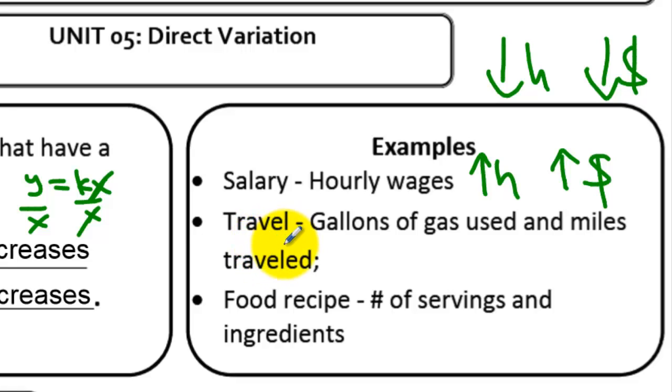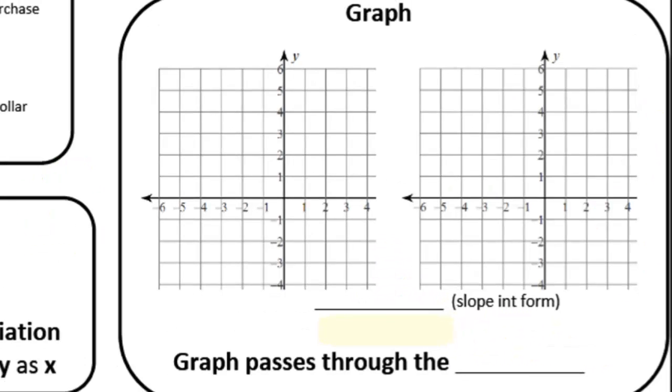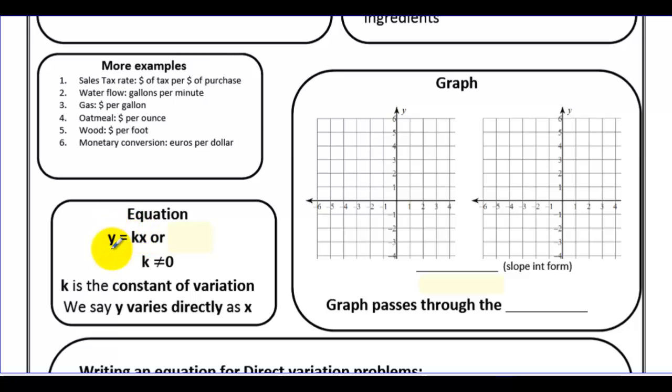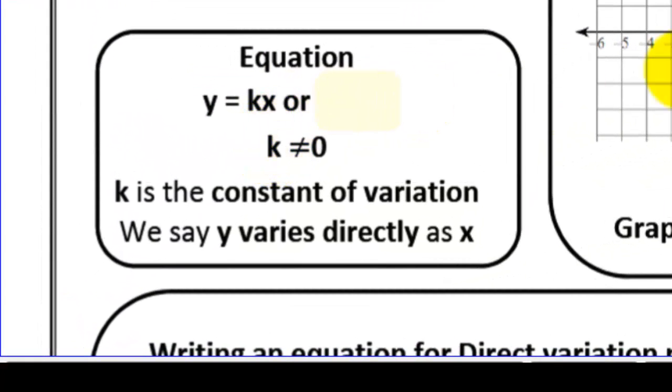Other examples are when you travel, the gallons of gas used and miles traveled, and for a food recipe, the number of servings and the ingredients. This is the equation for direct variation, y equals k times x. Or, as we said earlier, your constant of variation, which is your k, is just the ratio of your y and x.